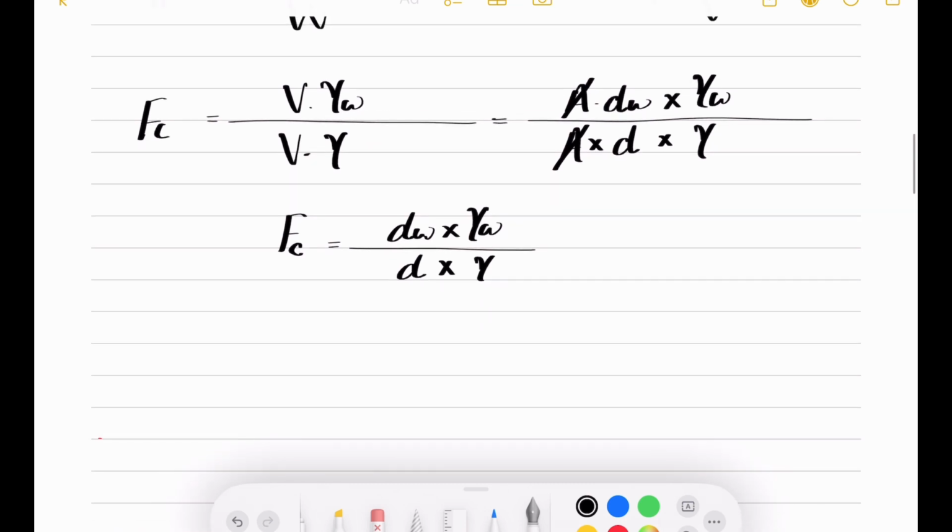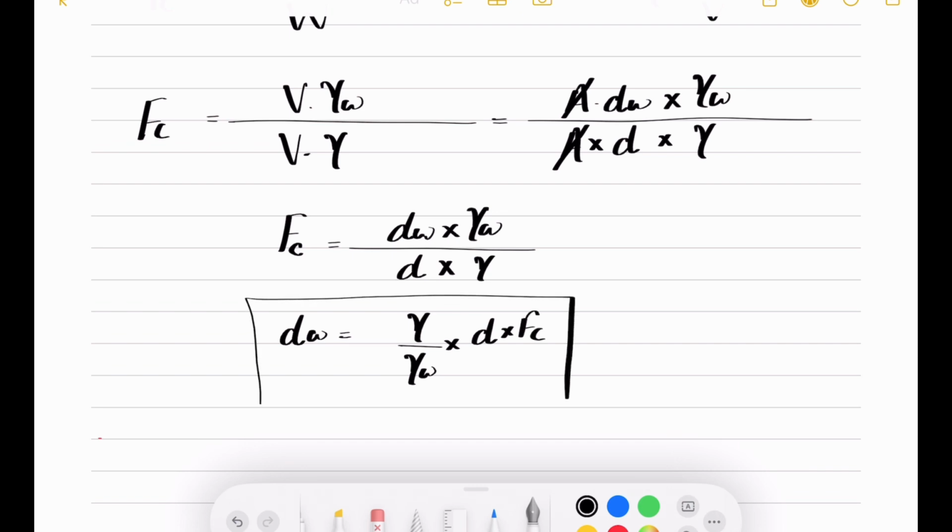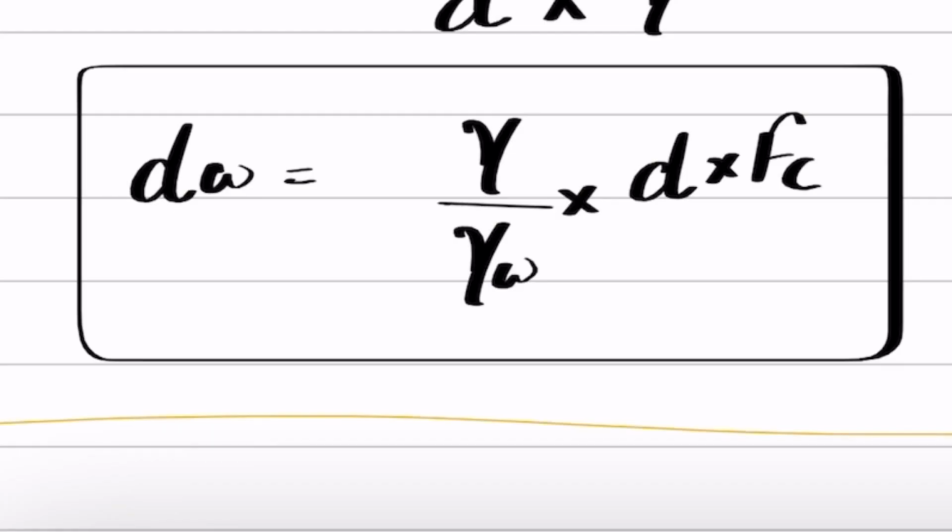The depth of water will be gamma divided by gamma W into depth of root zone into field capacity, right? This is the expression for depth of water that is stored in the root zone.